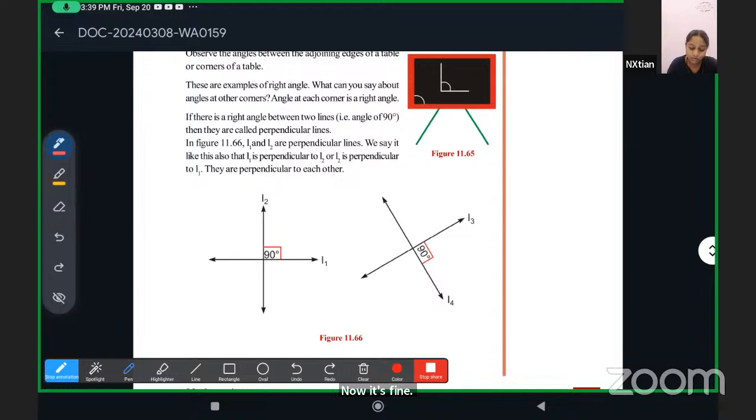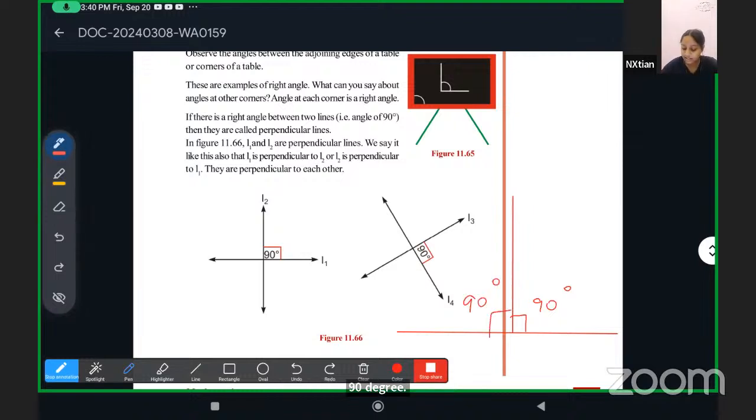So if there is a right angle between two lines, then they are called perpendicular lines. Ma'am, perpendicular lines always meet at 90 degrees. Yes. If you have a line and a straight line on it, what are the two angles that are made? 90 degrees and 90 degrees.